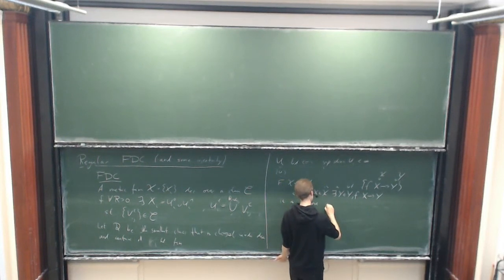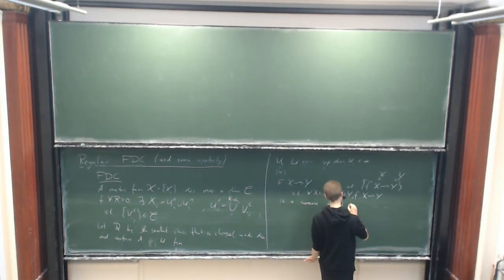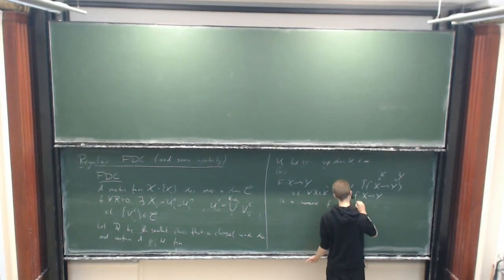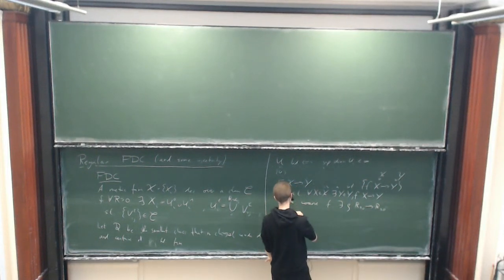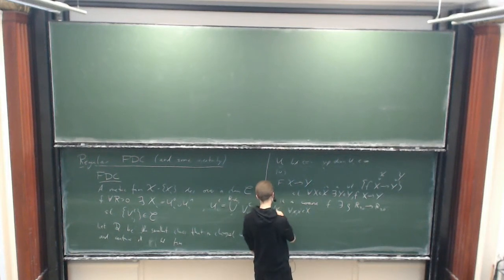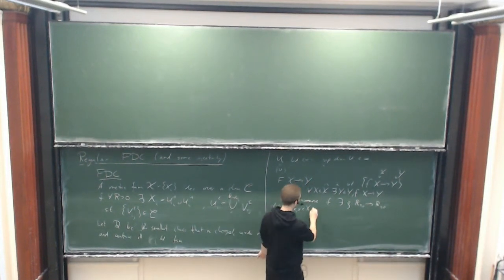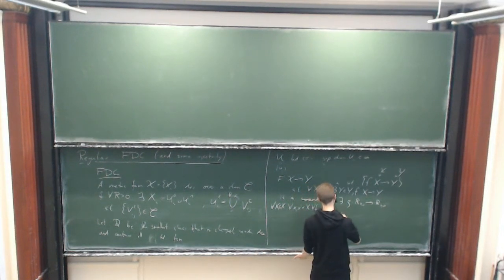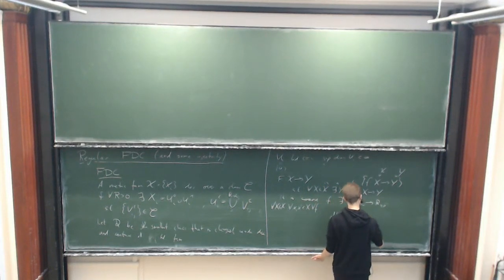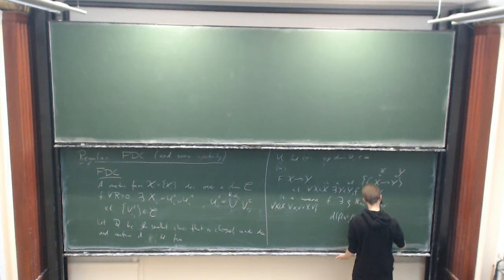And it is coarse if there exists some function rho such that for all x and y, for all two points, we have that the distance between the images is bounded by rho of the distance of the points we took.